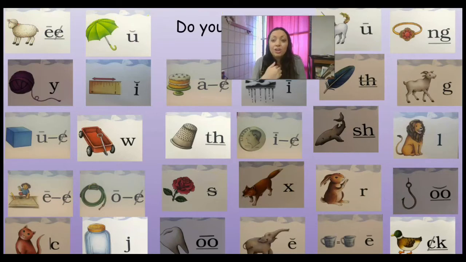Unicorn, U, ring, digraph NG, very good. Yarn, Y, inch, I, cake, A consonant E, very good.